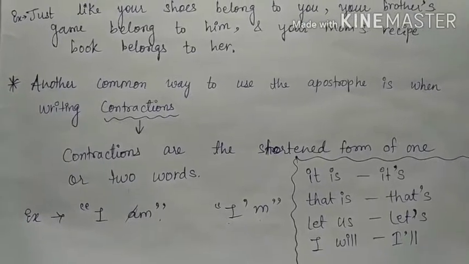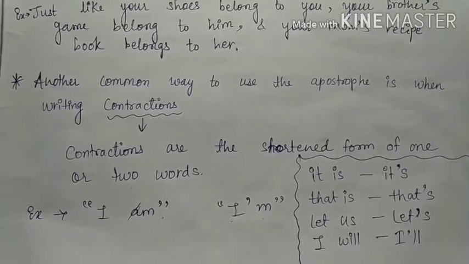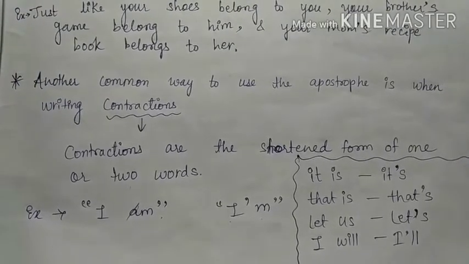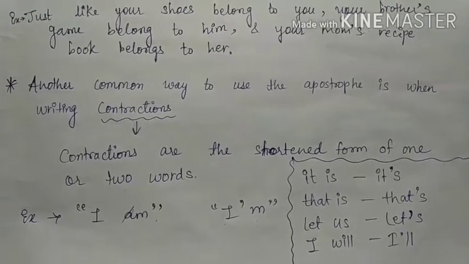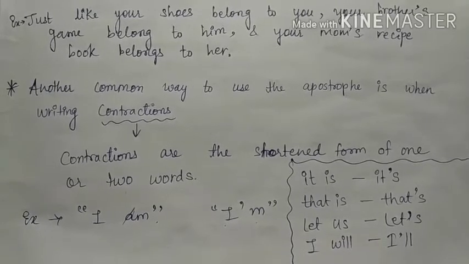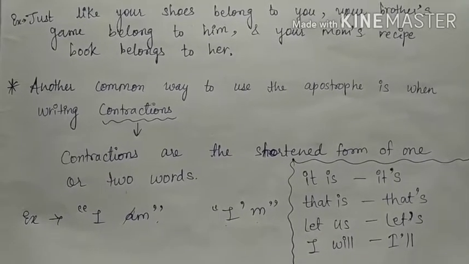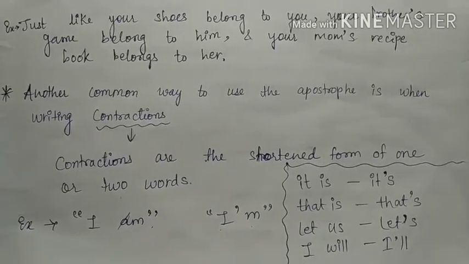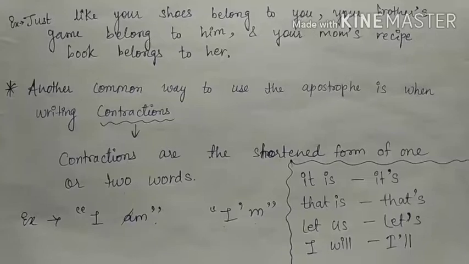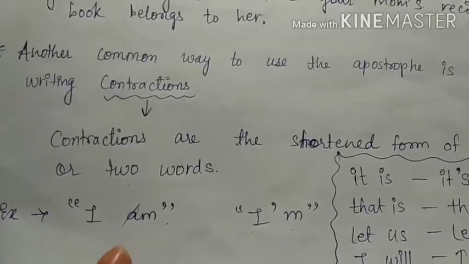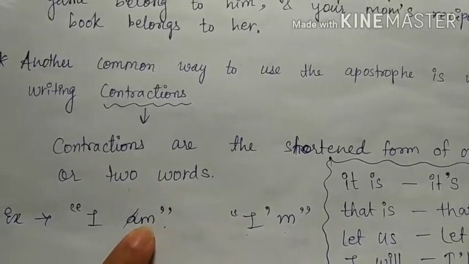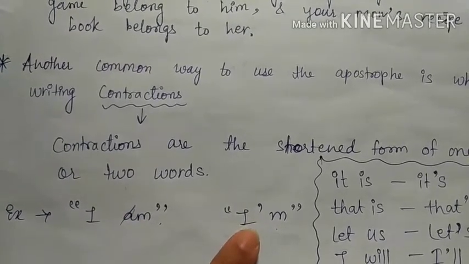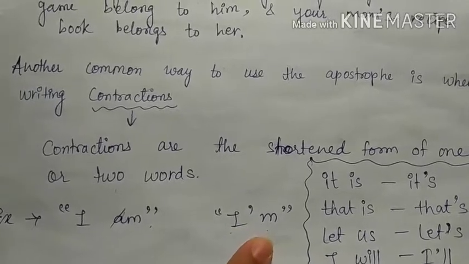Now let us see another common way to use the apostrophe, and that is contraction. Contractions are the shortened form of one or two words. Contraction का मतलब होता है one और two words को contract करना, मतलब कि short कर देना. For example, यहाँ पे मैंने लिखा I am. मगर अब मैं apostrophe का यूज करके इसको और small कर देती हूँ and I made it I'm.